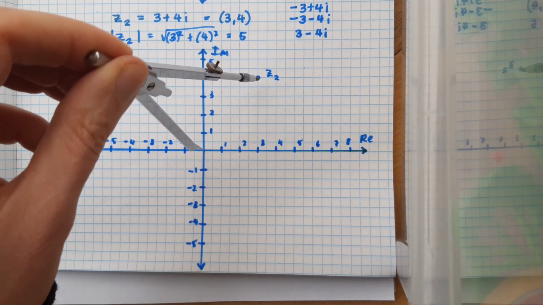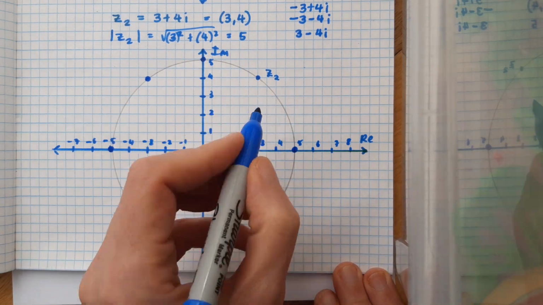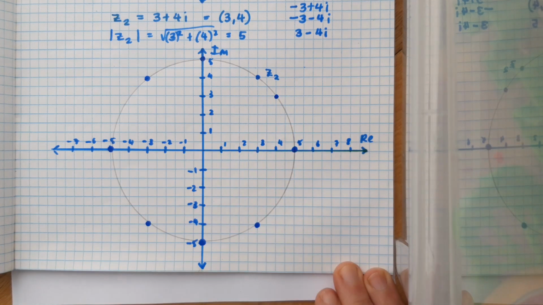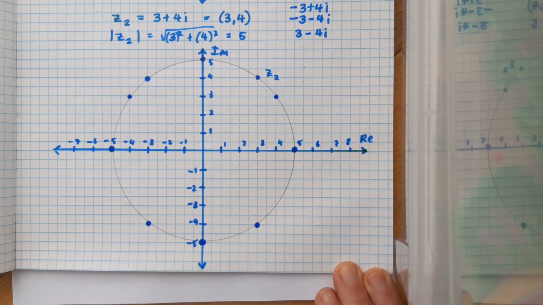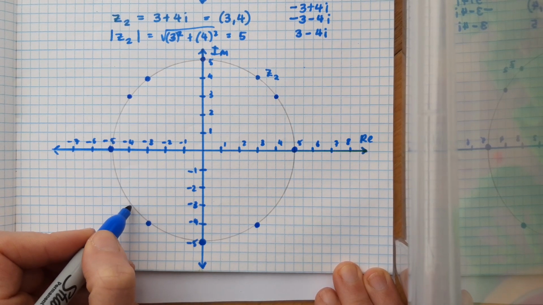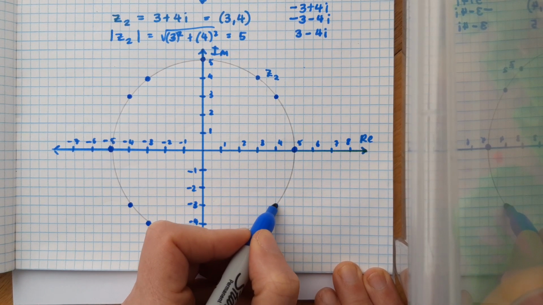So I'm going to do that now. And you can see that when I've done that, all those points that I spoke about earlier are on that circumference. And in fact, there's other points also that I didn't mention before, such as, for example, 4 plus 3i, and minus 4 plus 3i, minus 4 minus 3i, and 4 minus 3i.